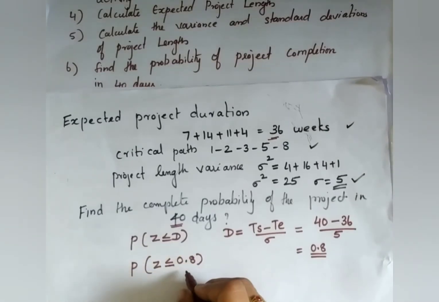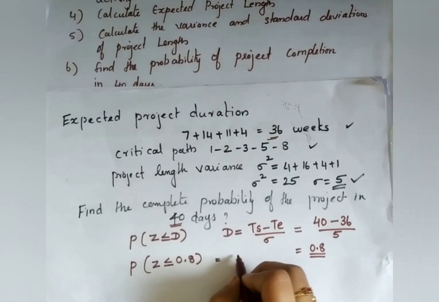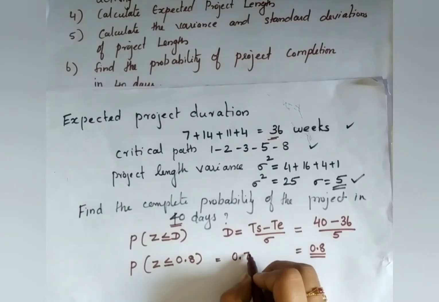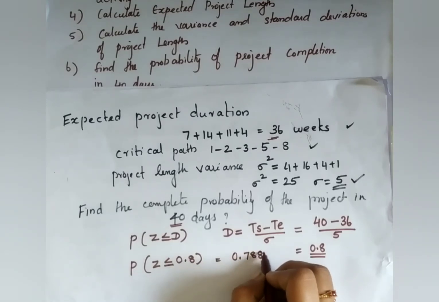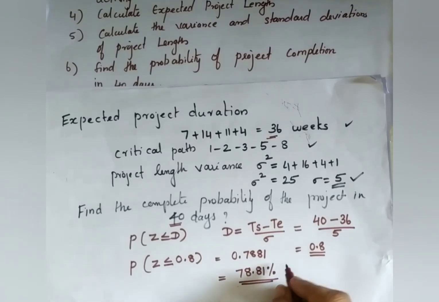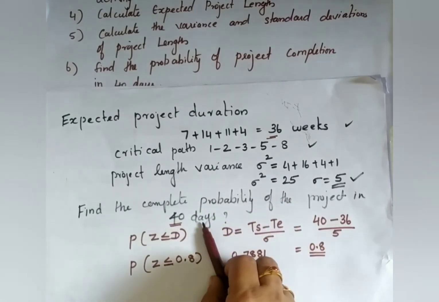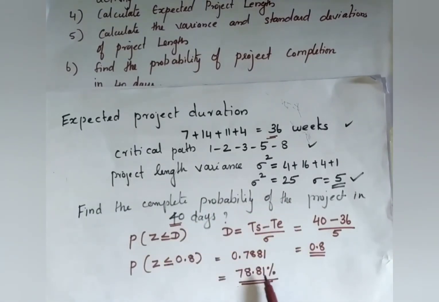From the table we can see 0.8 is 0.7881. If you write it as a percentage, it is 78.81 percent. This is your answer: the probability of completing the project within 40 days is 78.81 percent. This is the final answer.